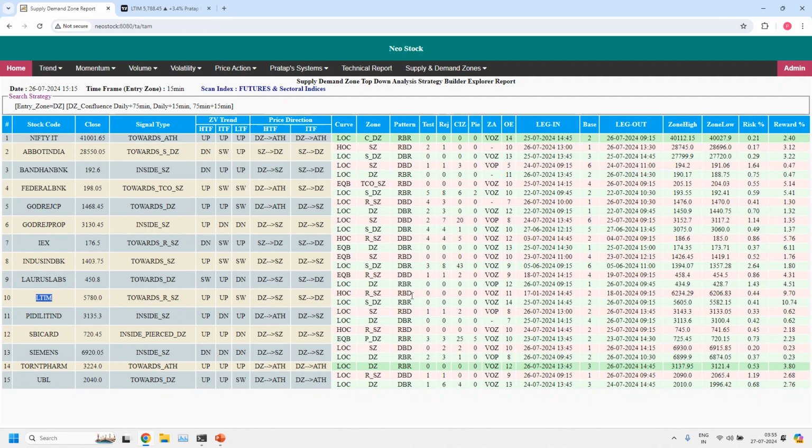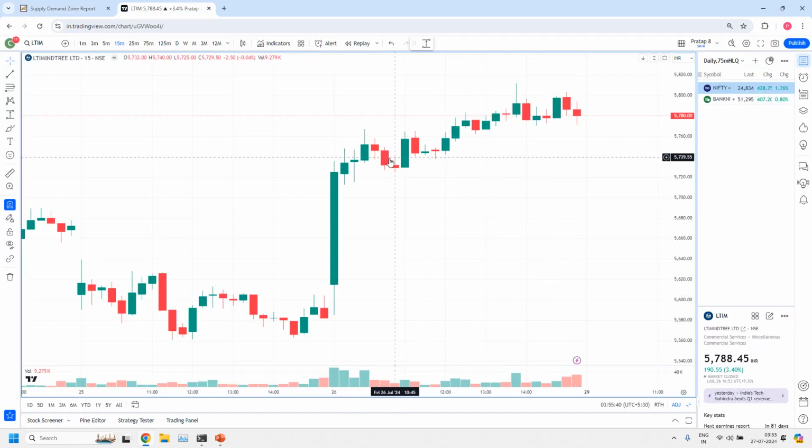And where is the 15-minute demand zone? On 25th July 2024, at 14:15, is the leg in, after the two base candles. Yeah, here. This is the leg in.